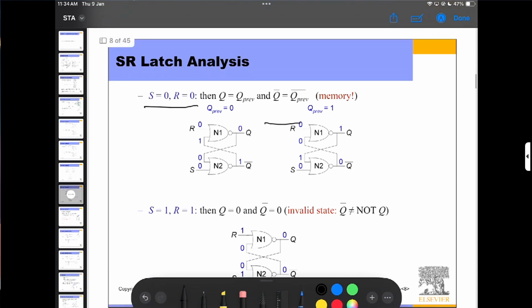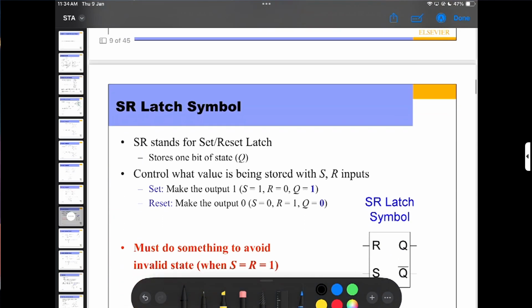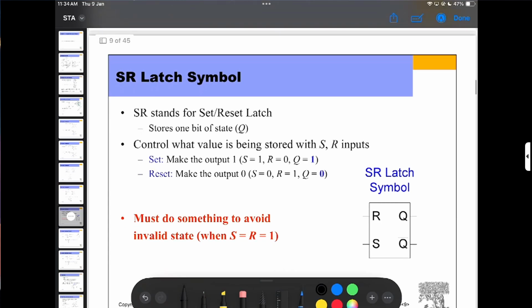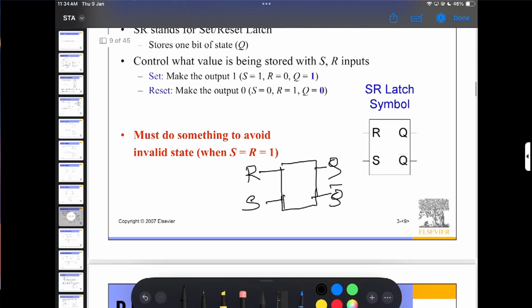You can see the total analysis I told already. Now the SR latch symbol. You just need to draw a box. Here R, here S, here Q, here Q bar. You can also change it: you can also write here S, here R, here Q, and here Q bar.